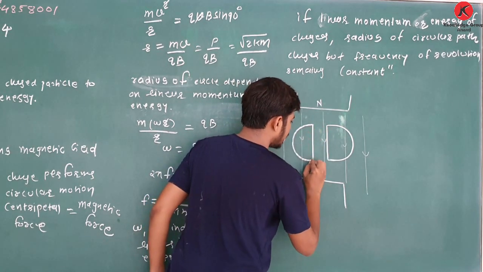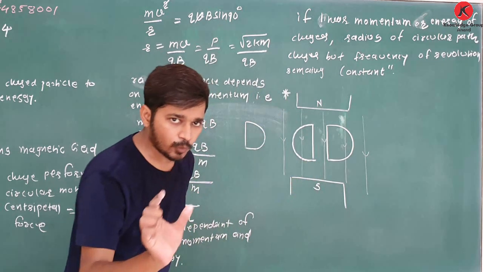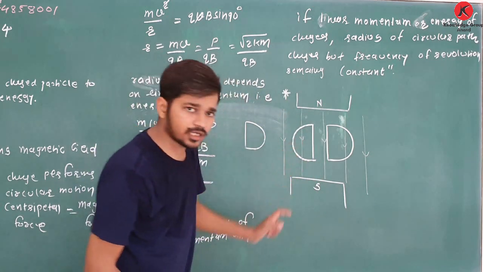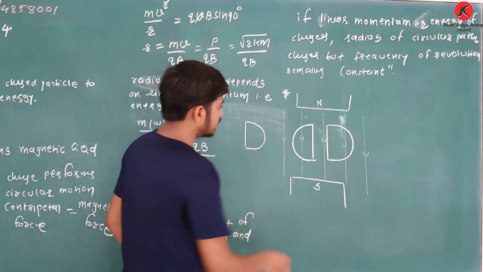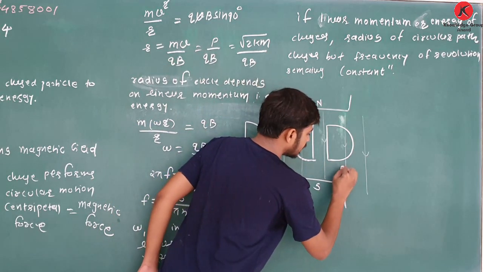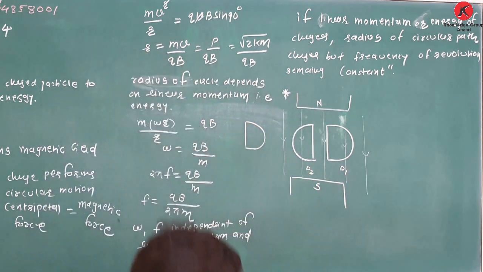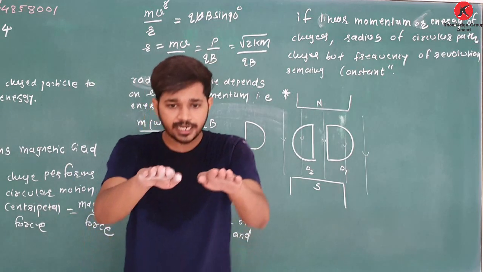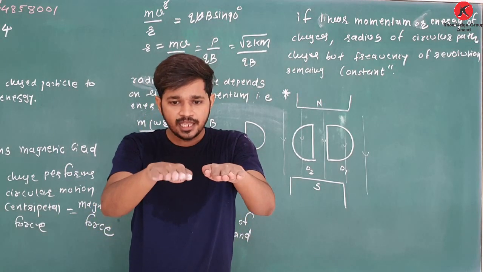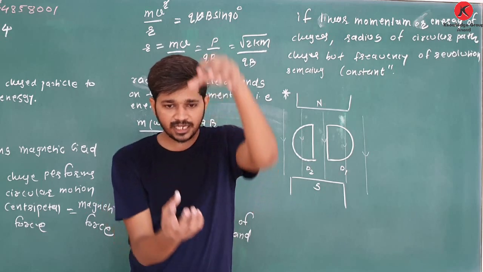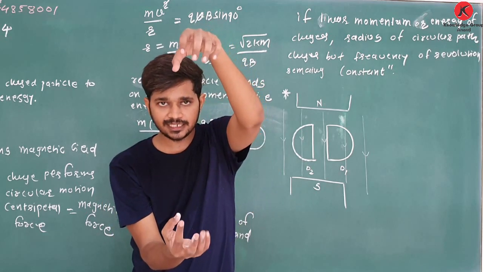The gap between them is very small, but here, to make the figure clear and clean, we have two D's, D1 and D2, placed near each other like this. This is the north pole and this is the south pole.